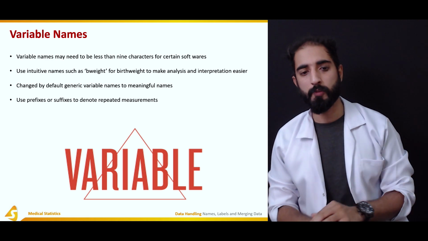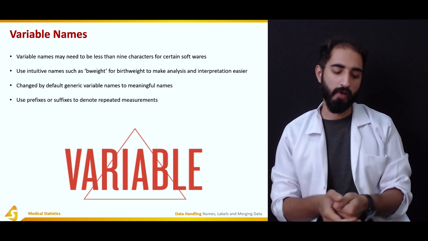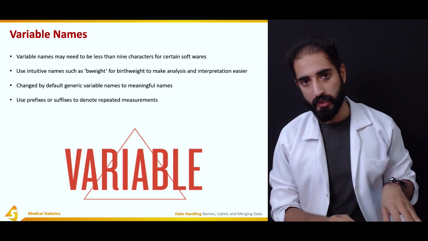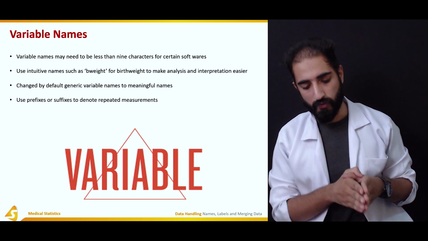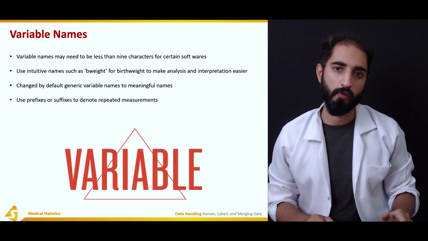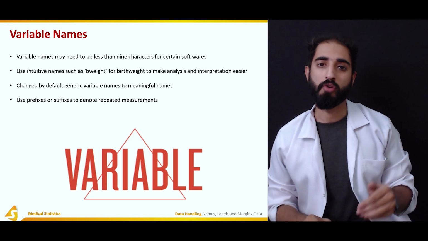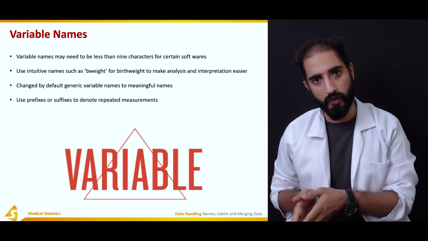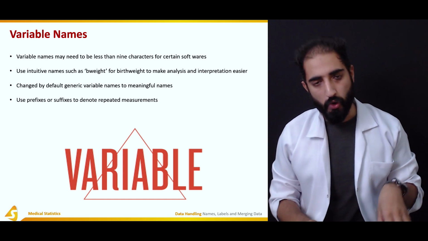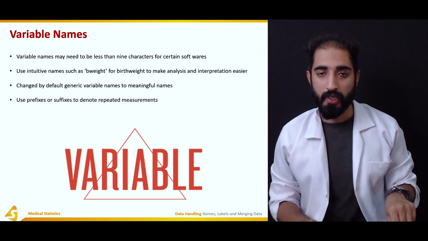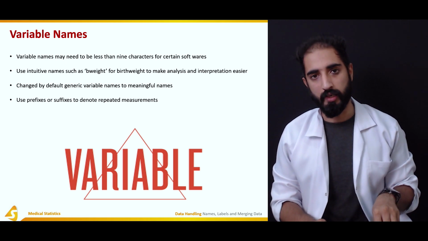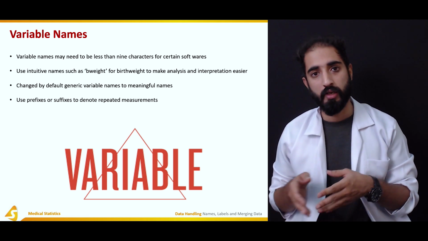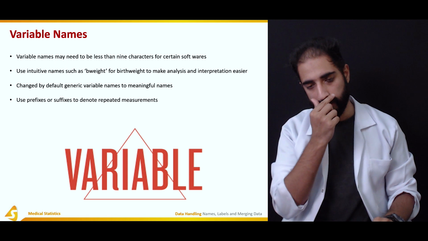Use prefixes and suffixes to denote repeated measurements. For example, if I'm conducting a study in which there is baseline data collection, in which I'm collecting the baseline values for the visual analog scale, then short-term values for the visual analog scale, and then long-term values for the visual analog scale, I can write it as pre-VAS, which means pre-treatment, short VAS, which means short-term, and post-VAS, which means post-treatment VAS.